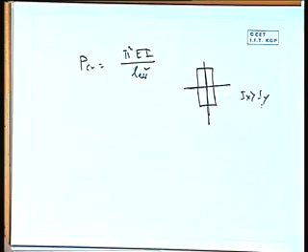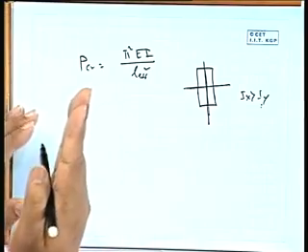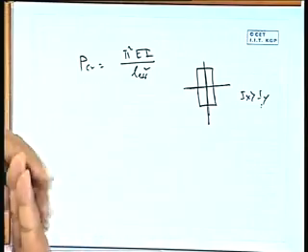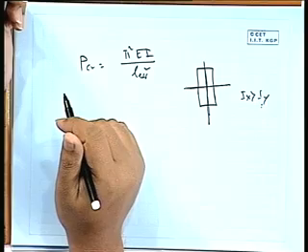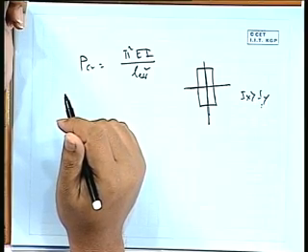Because if there is a thin plate, it will buckle like this, not like that, right. Or if it is a very arbitrary section, you have to find out which direction your I is minimum, number one.